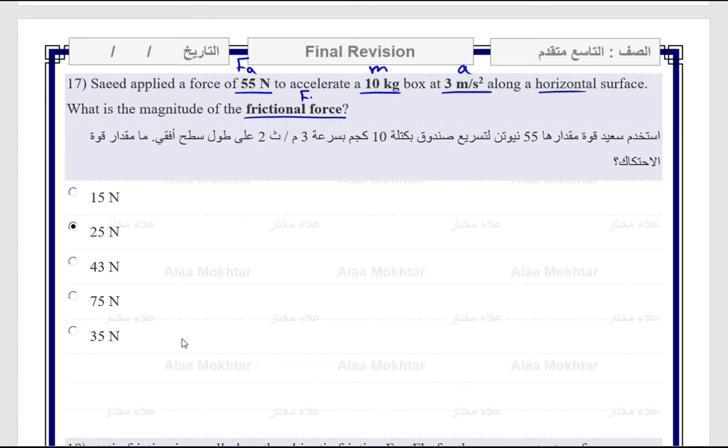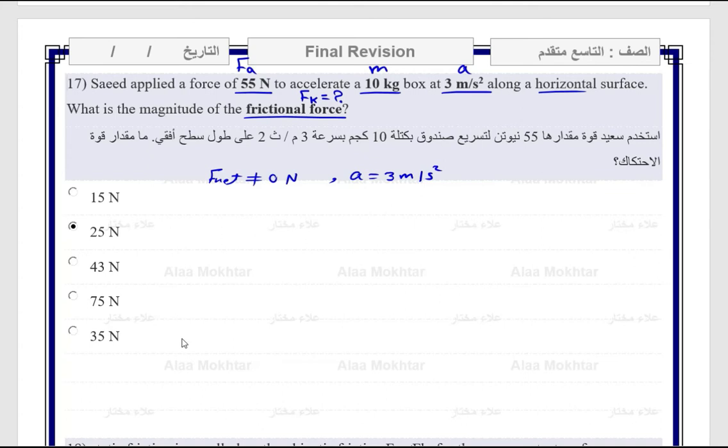Frictional force Fk equals what? In this case, there is acceleration. It means F net is not equal to 0, because there is an acceleration equal to 3 meter per second square.